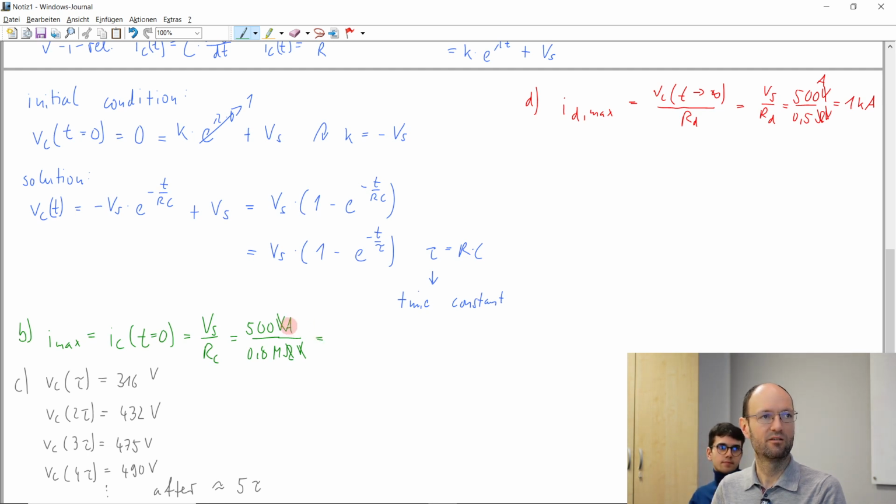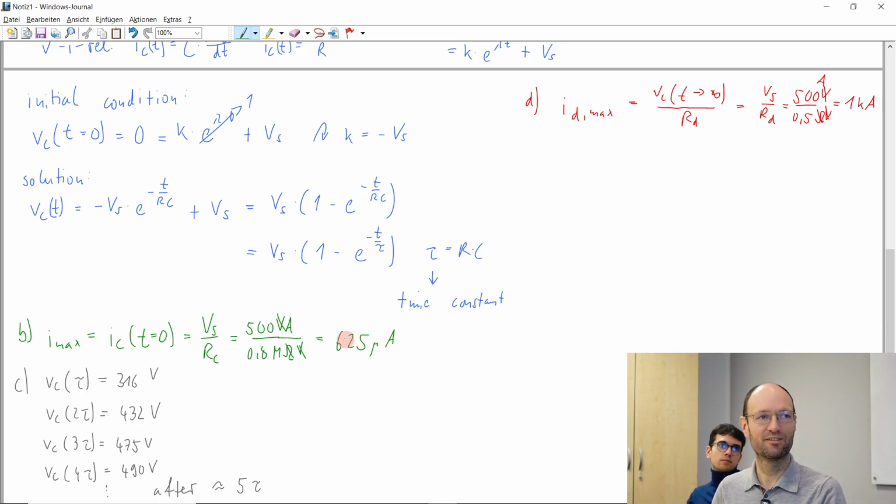And 1 divided by mega is micro, and 500 divided by 0.8 is 625. Exactly. So we should get 625 microampere.